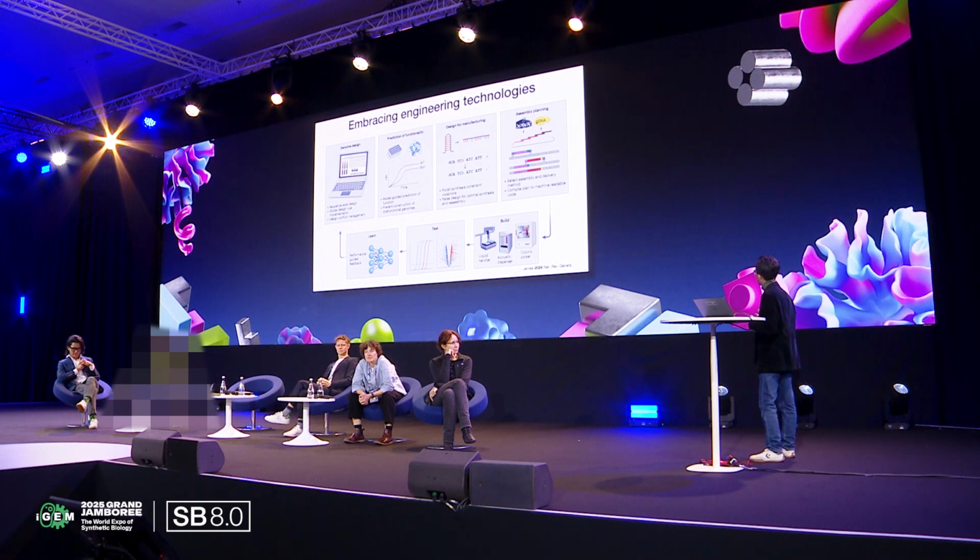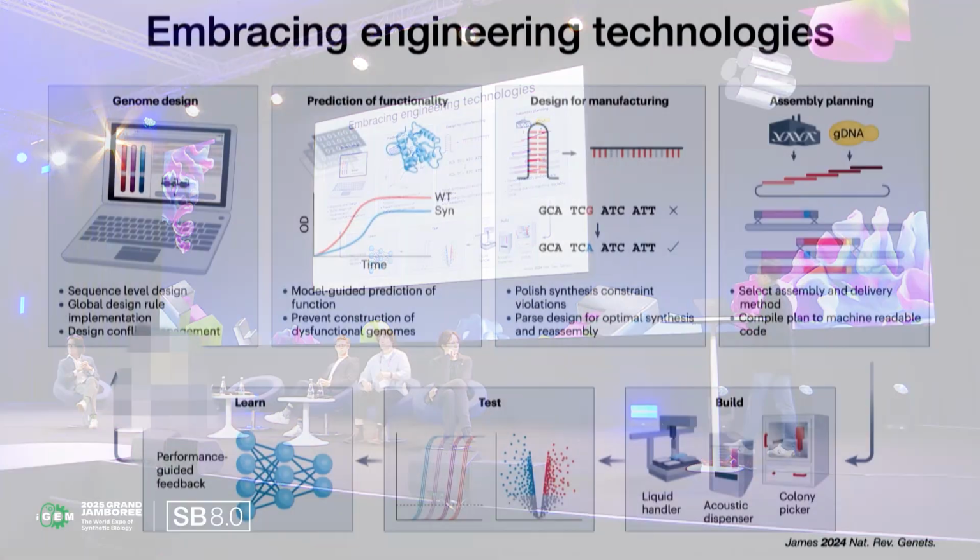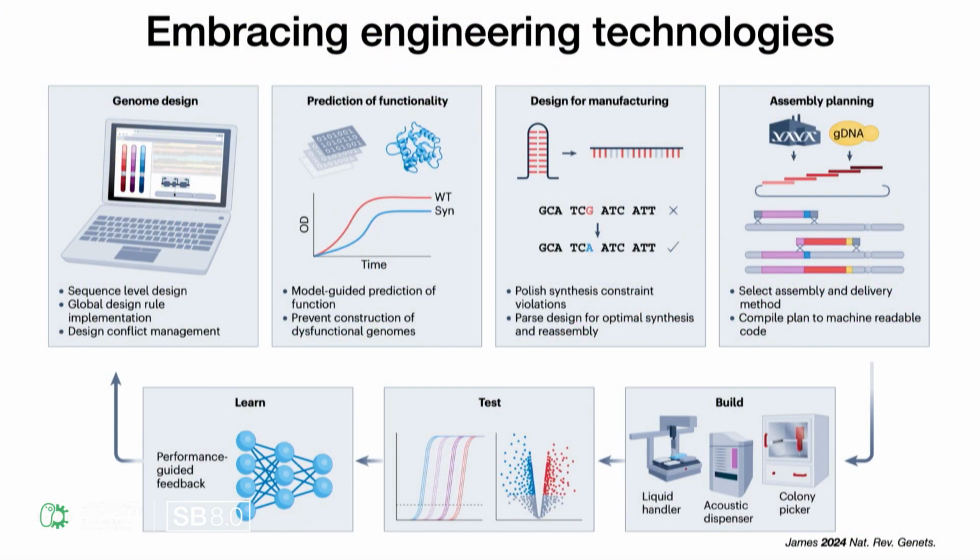And then we need to be able to embrace modeling and prediction, so we can have an idea of the predicted phenotype before we even build them, right? So we need to embrace design with manufacture. Like Jason said, if you cannot manufacture the DNA, what's the point of design? And finally, we need to think about optimization of manufacture using robotics, and then eventually using AI to learn what the outcome is and go through the next round of iteration.